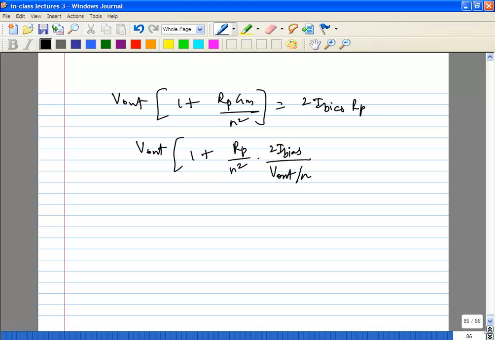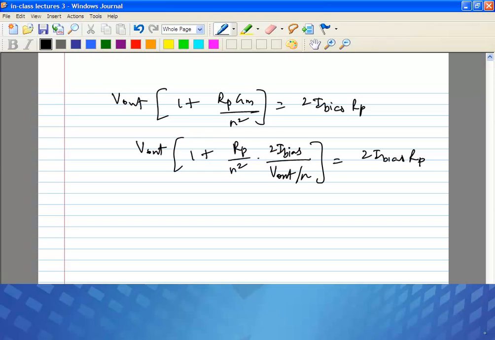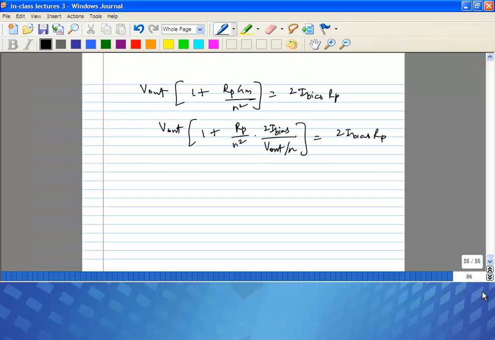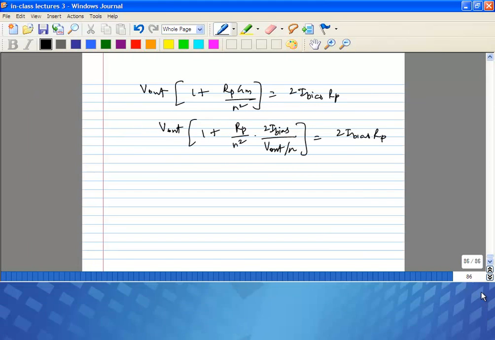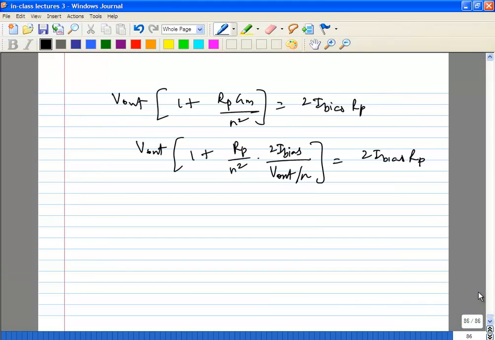GM is 2I_BS over V1. V1 is nothing but V out over N. Is that clear?